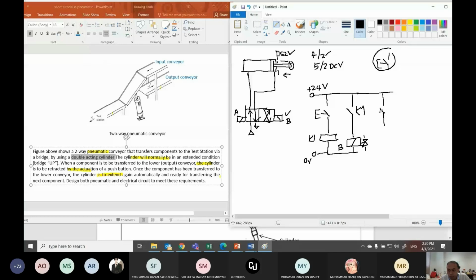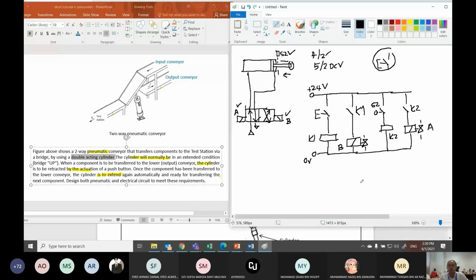Kita guna normally open S2, and then this S2 must at some point energize solenoid A. So I guna indirect control sekali lagi, so I guna K coil, it's my K2, and then this K2 must be connected to solenoid A. Alright.